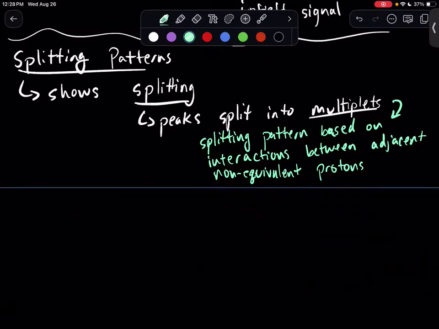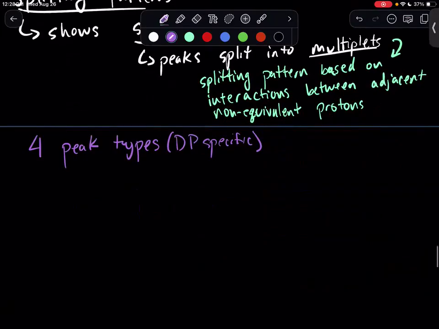So we have 4 peak types. This is for DP specific. So DP only cares about 4 peak types. The first one is simple. It's called a singlet. It's just one sharp peak.